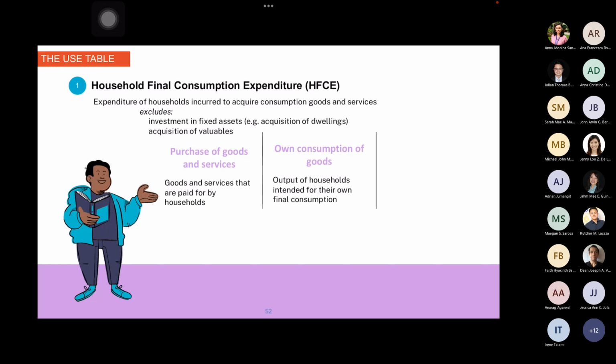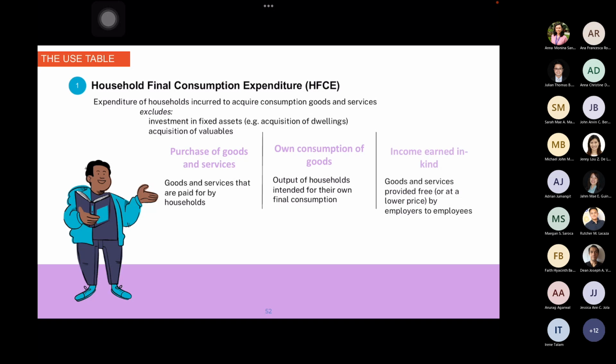And for the supply equals use identity to hold, these goods must be consumed. And often, these are produced and consumed by households. And then the last component would be income earned in kind.